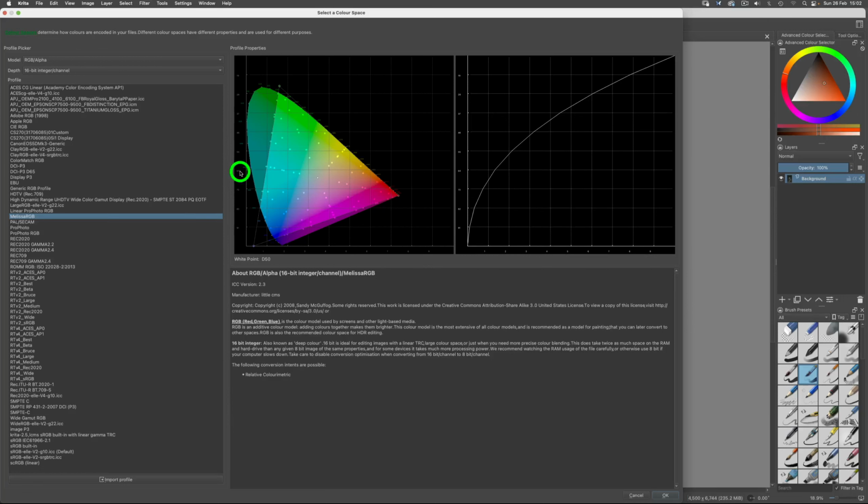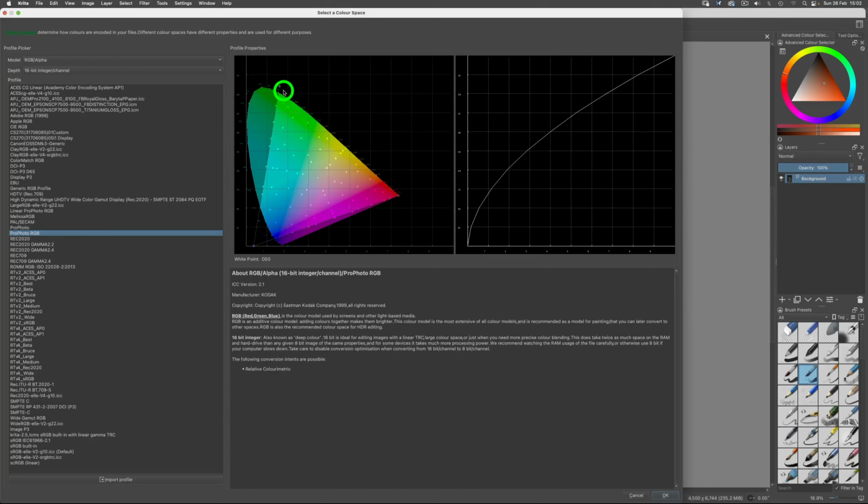So if we get back to ProPhoto, you can see that if we look at the actual triangle, the principal points of the colour space do not change. These areas correspond to a colour sweep, a little like that diagram I showed you of the CIE gamut of human vision, covering yellowish greens and so on.